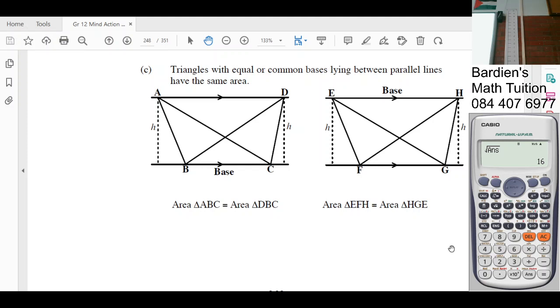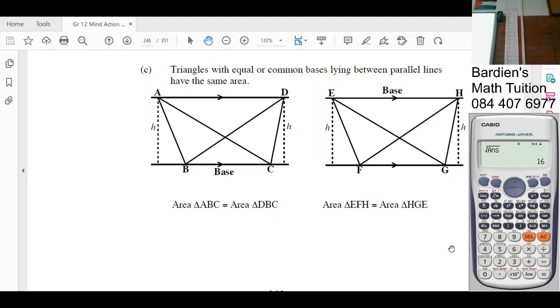You see, it has the same base here. Let's say the distance between these parallel lines is 4. And you have triangle ABC here, and DEF. They ask you to work out the area of triangle ABC. How do you calculate the area of a triangle?